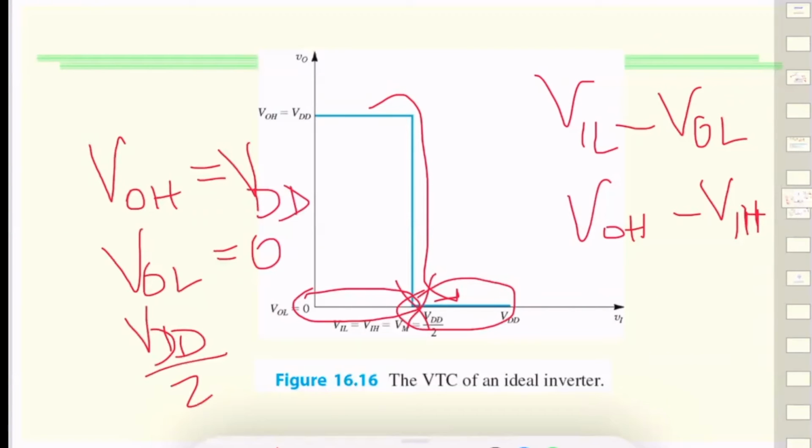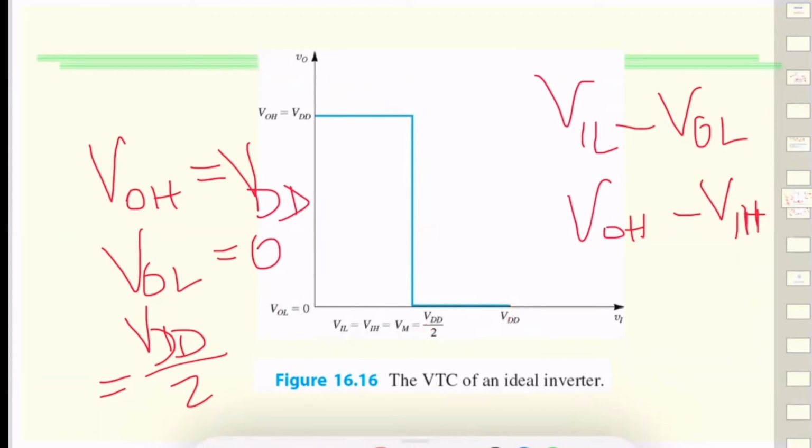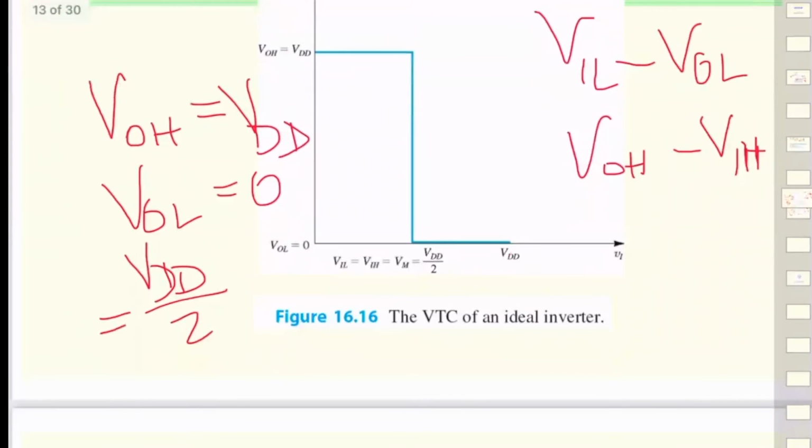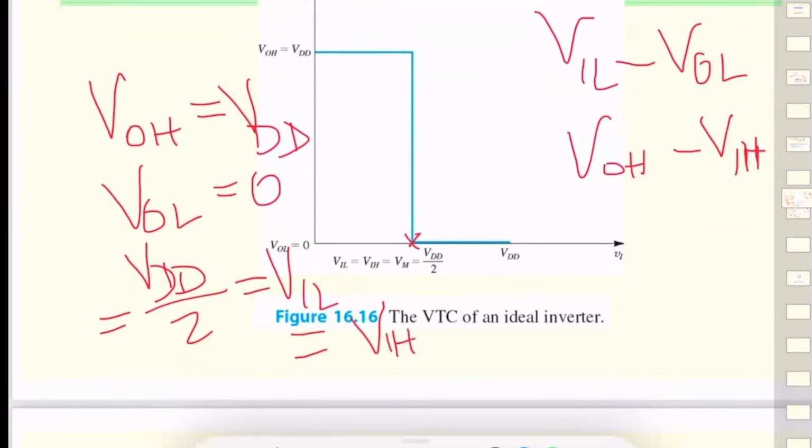Let me just clean it up a little bit. Which means that on both sides, my VIL would extend all the way to this point, and my VIH would start from that point.